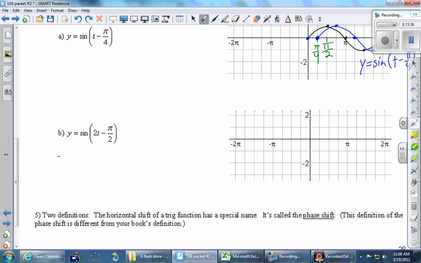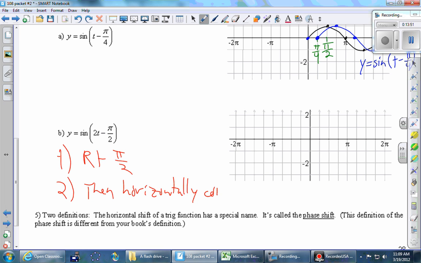It's really, really unfortunate that the way to think about this one is to first move to the right by pi over 2, and then, and only then, horizontally compress. I thought you always did your stretches. Yeah.